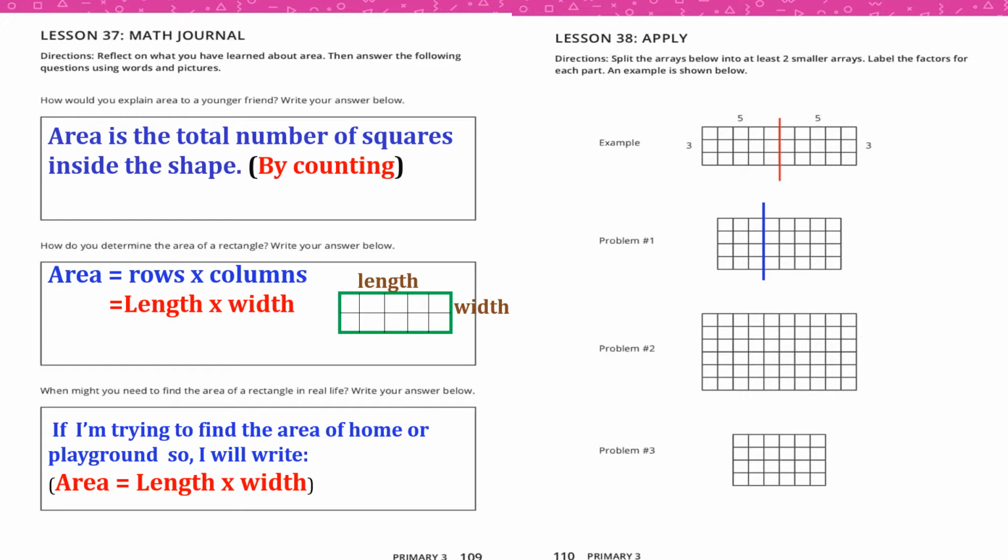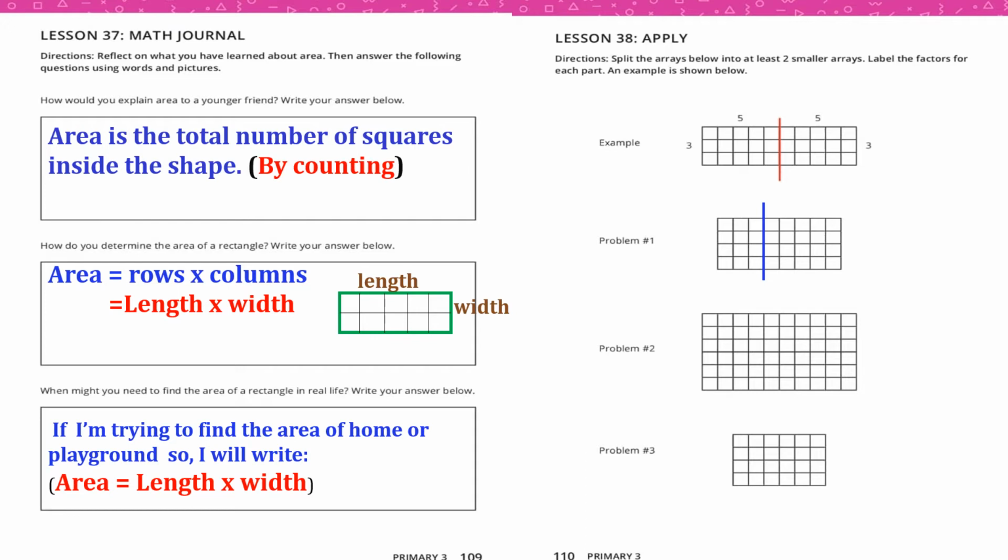Let's explain more in problem 1. We have here 1, 2, 3, 4, 5, 6, 7, 8 columns. 8 columns, and we have here 4 rows. We can multiply 8 by 4. 8 by 4 equals 32.